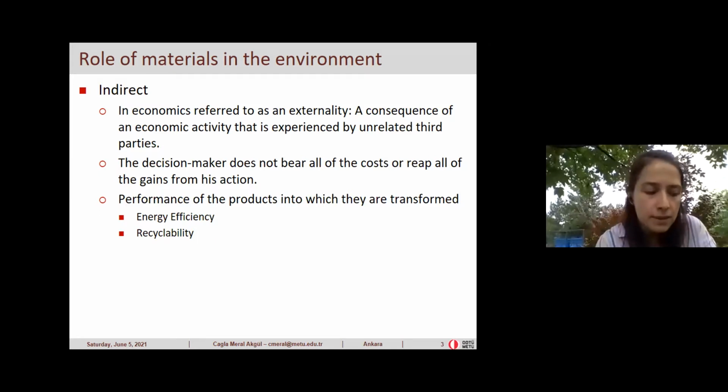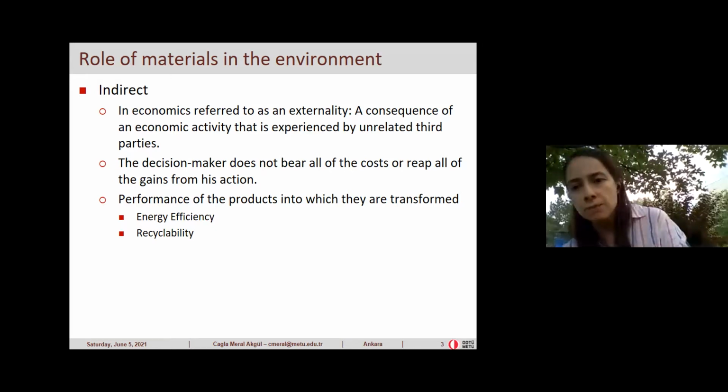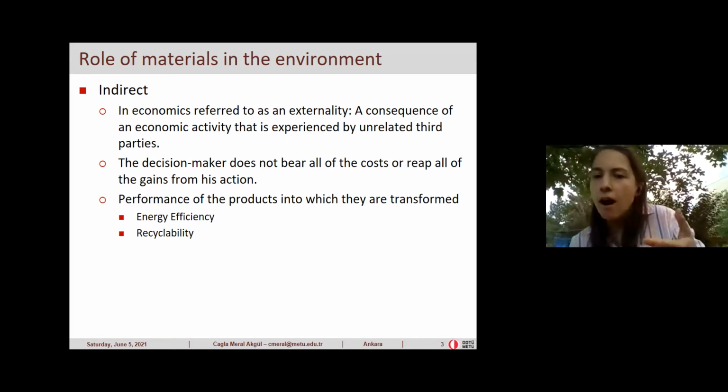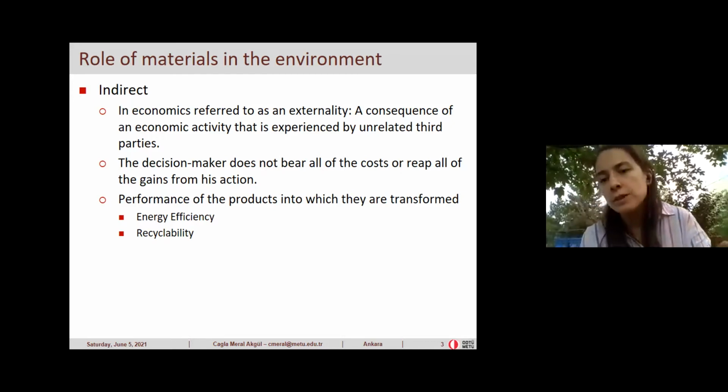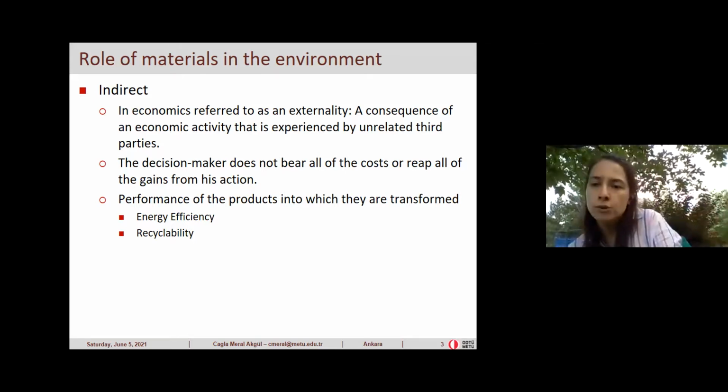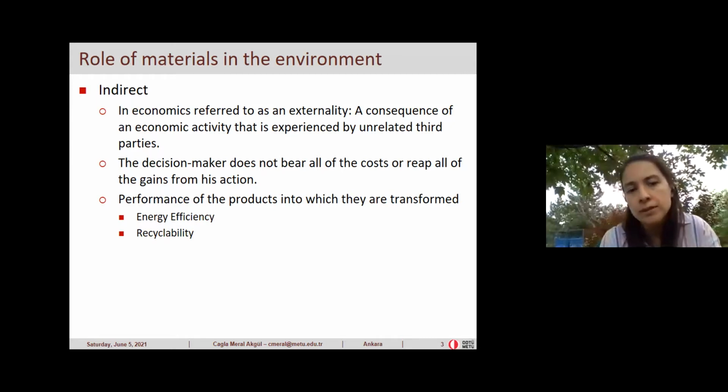And what happens is, for example, if the designers, if the engineers, if the contractor did not pay attention to energy performance of a building, the people who live in that particular building will have to pay higher energy bills, or they have to live in uncomfortable indoor environments. So what this means is an externality. So even though the engineer makes the decision, the contractor makes the decision, we, the occupants of the building, actually bear all the costs of that decision.